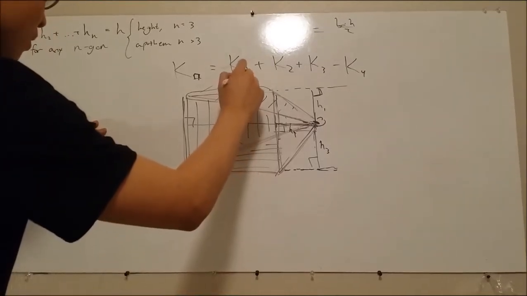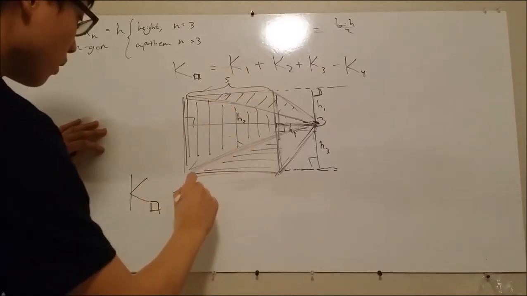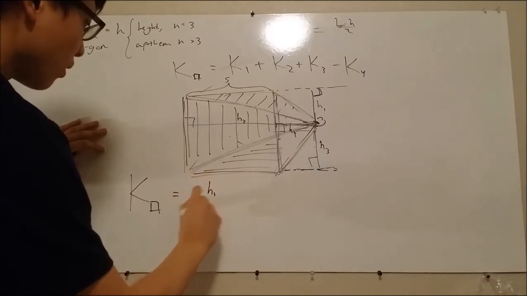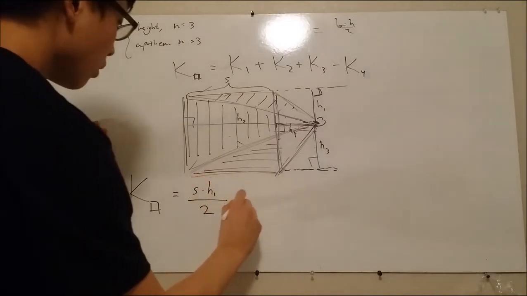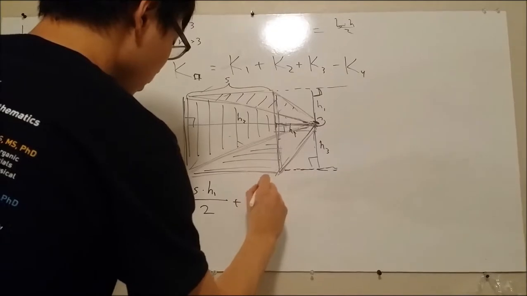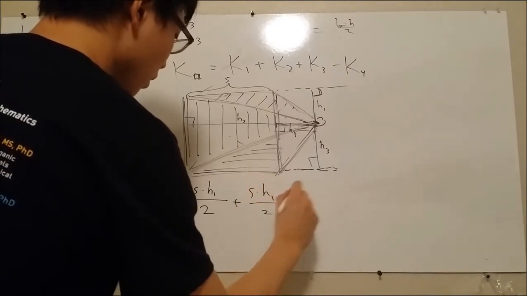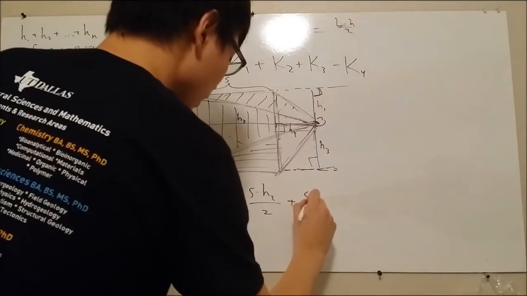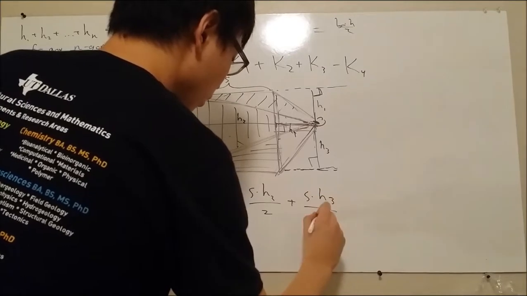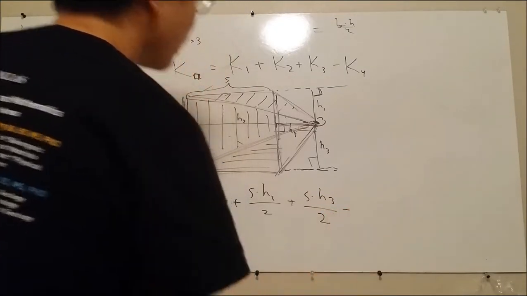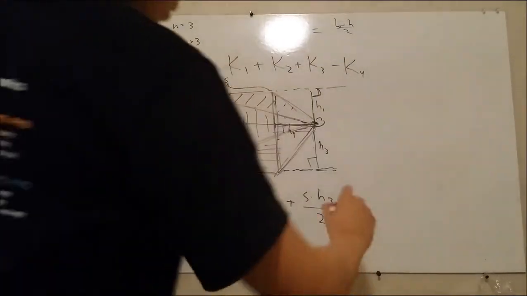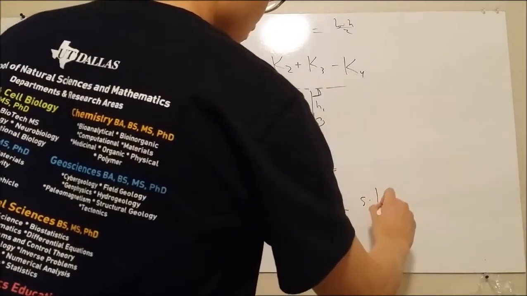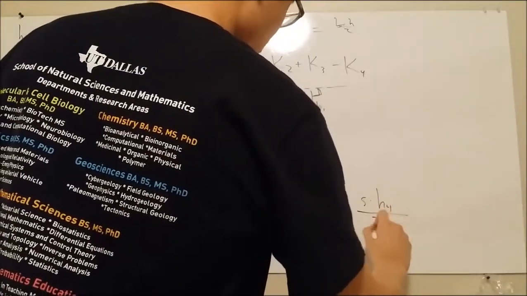So K1 becomes s times height 1 over 2. K2 becomes s times height 2 over 2. K3 becomes s times height 3 over 2, minus K4, that's s times height 4 over 2.